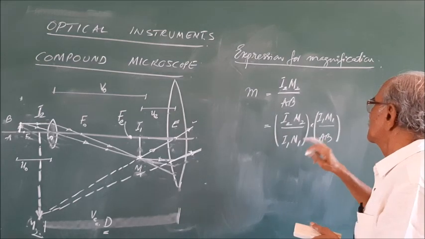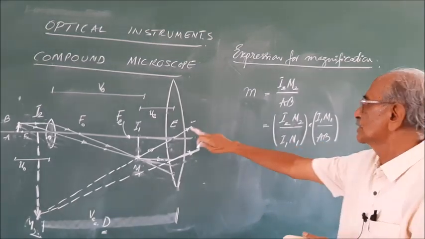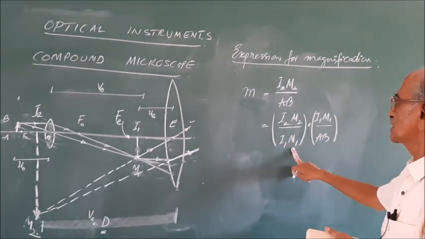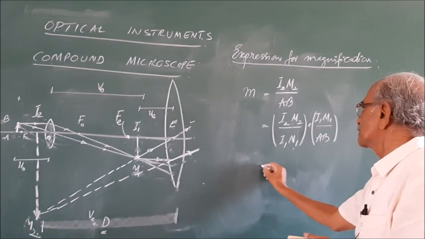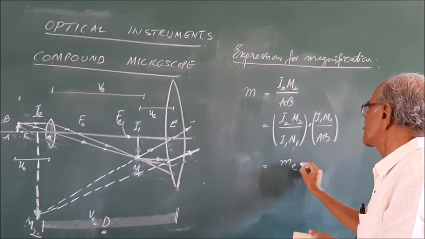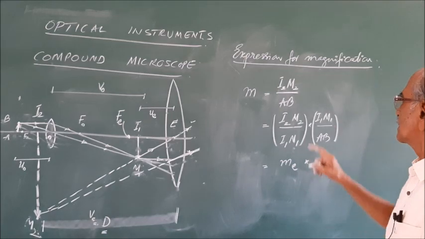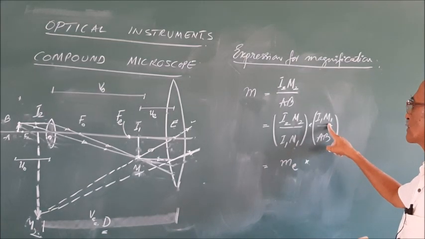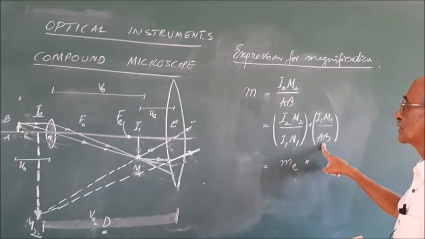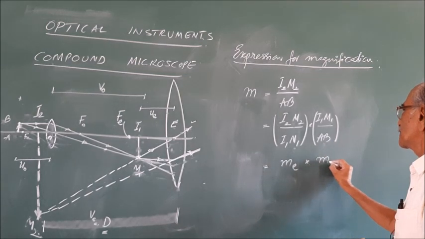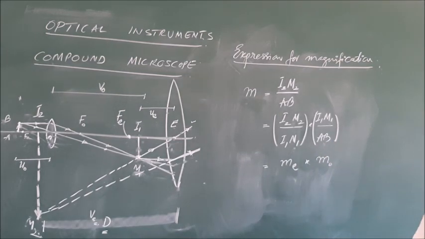Now observe, this is the size of the image with respect to the eye lens, size of the object with respect to the lens. Therefore, this is the magnification produced by the eyepiece. And this is the size of the image with respect to the objective, size of the object with respect to the objective. Therefore, it is the magnification produced by the objective.